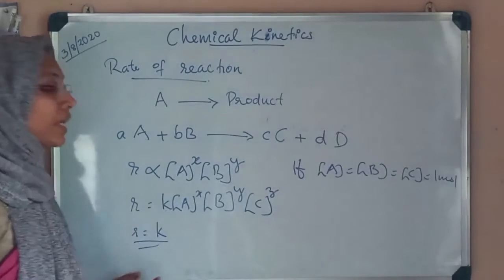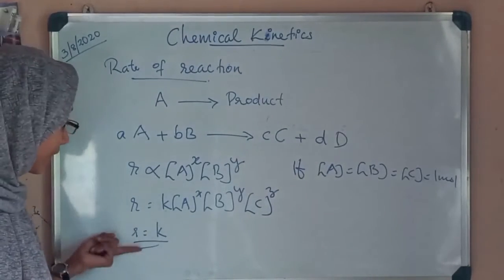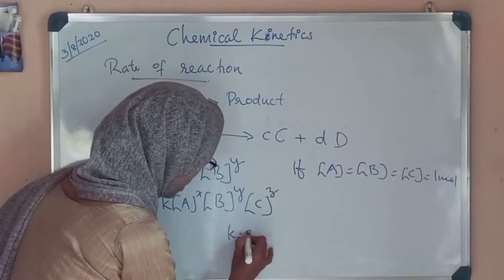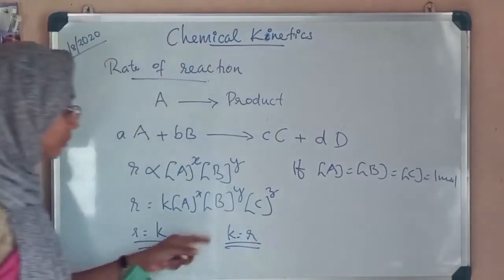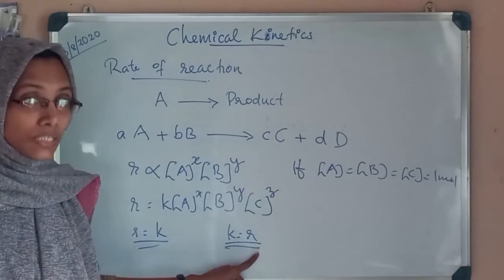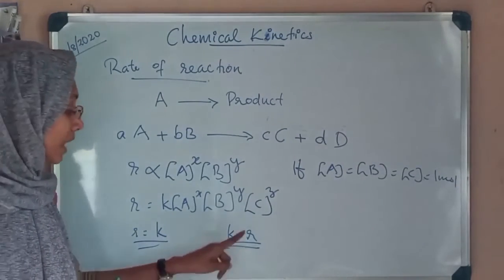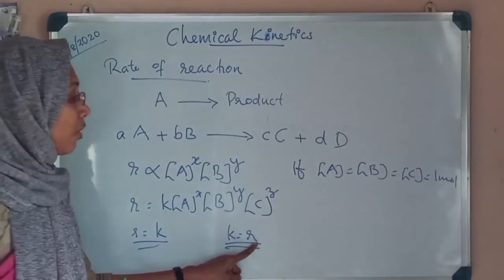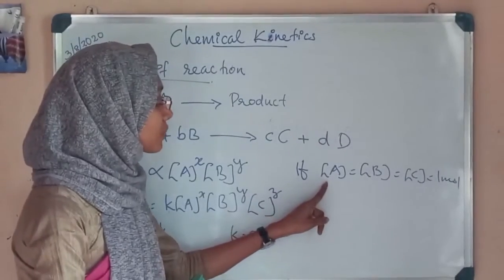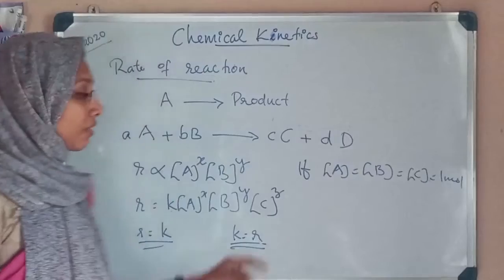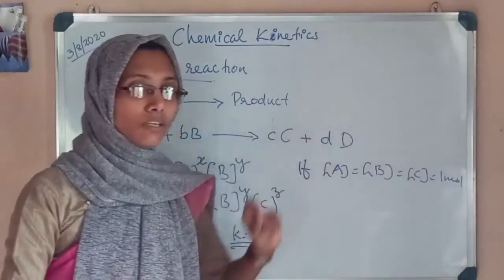Then we can define the rate constant. Rate is nothing but the rate constant, so K is equal to R. That is, the rate constant of the reaction is defined as the rate of the reaction when the molar concentration of each reactant is equal to unity.